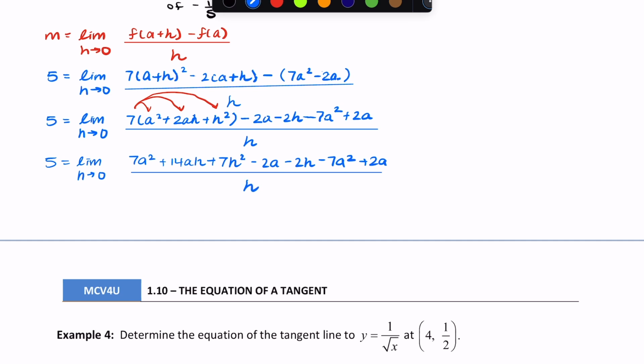And so here we can see that we can cancel a few things out. You see that here there's 7a squared, negative 7a squared, that cancels out. Positive 2a, negative 2a, that will cancel out as well.